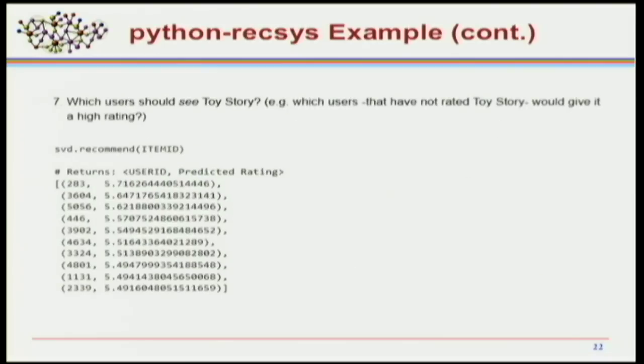And finally, here's an example of which users like a particular movie. You can find all of the users in that lower dimensional space that have similarity with this particular movie's representation, and then rank those based on the predicted score.